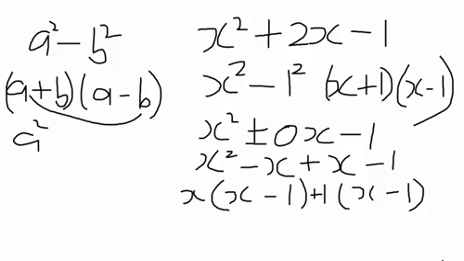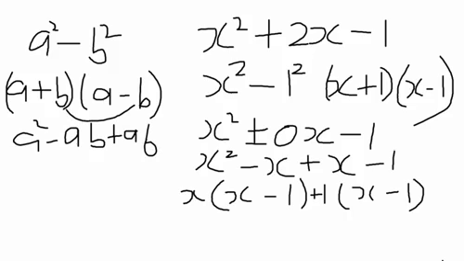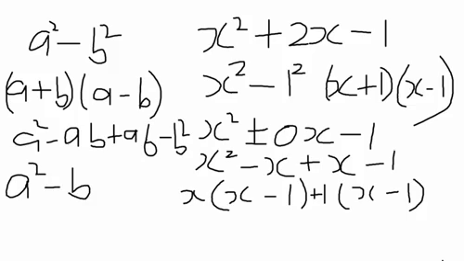You multiply these two, giving you negative ab. You multiply these two, giving you positive ab. And you multiply these two, giving you negative b squared. So these two in the middle will cancel, and you have a squared minus b squared.